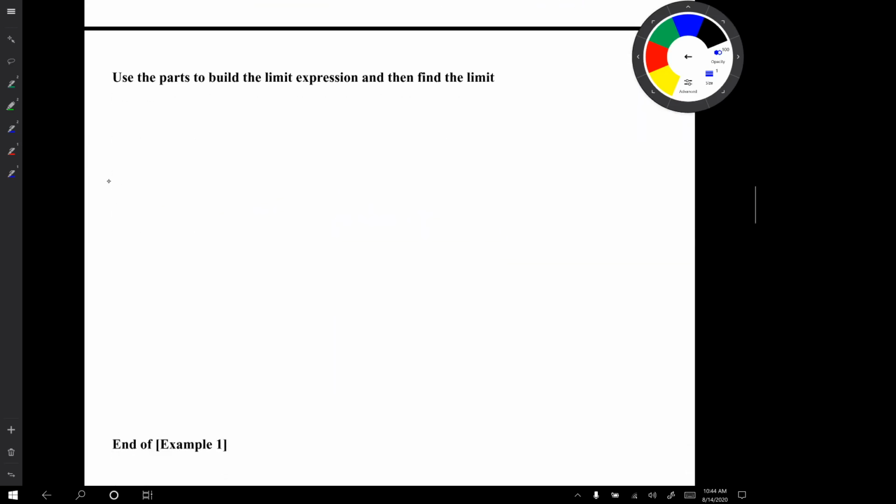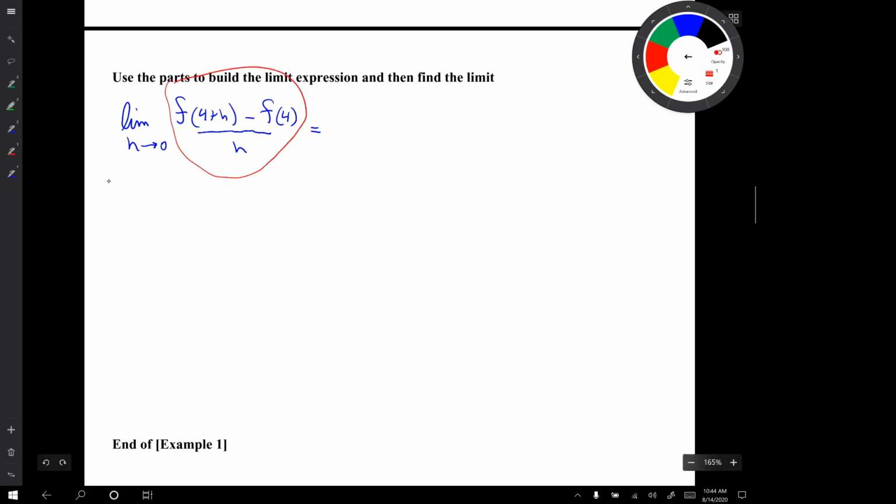Now we're going to use the parts to build the expression for the limit and then find the limit. So remember that we start by writing the limit that we are being assigned to find on the left side. And then we copy down the limit symbol and replace the expression inside the limit with a new expression using the terms that we just built.